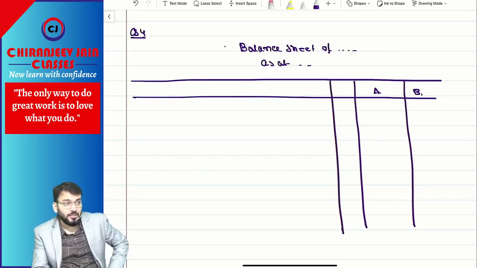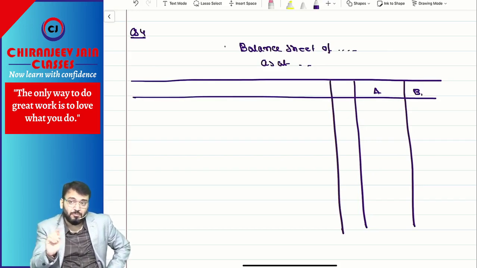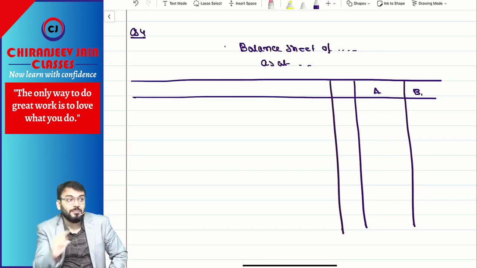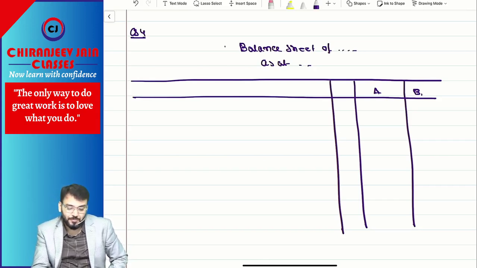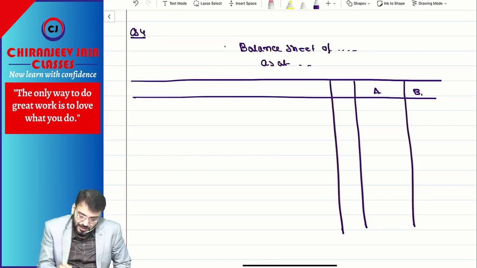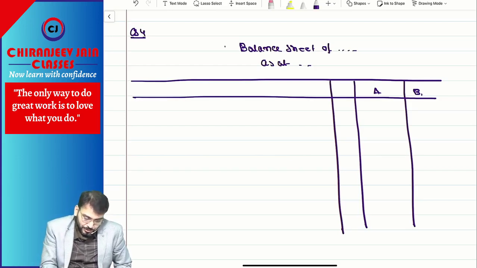Apply your common sense. You will say what will be added and what will not. If you remember the consolidated balance sheet we did in AS 21. First, let us do only A Limited, otherwise you will be confused. Point number 1, what do we write down first?